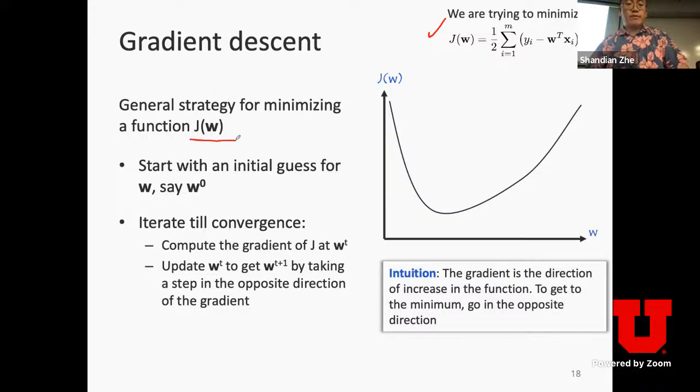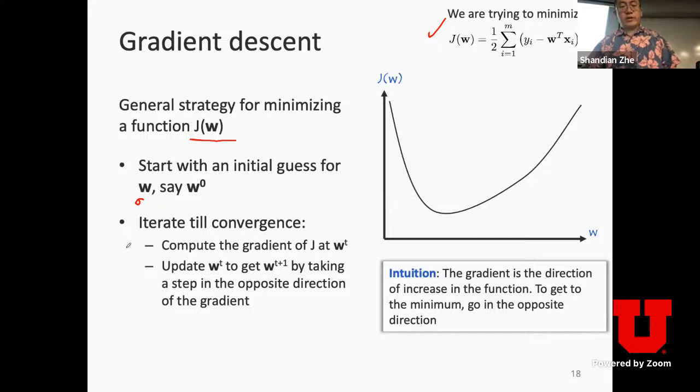Suppose you have some objective function J, and we start with some initial guess for w, say w0. In many cases, you just initialize the w vector as 0, or as random numbers sampled from a Gaussian or uniform distribution. Then you perform the following iterations until convergence.